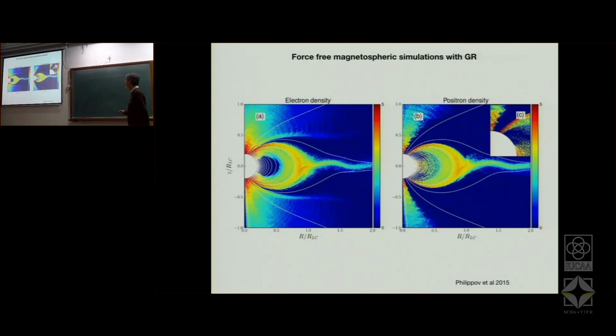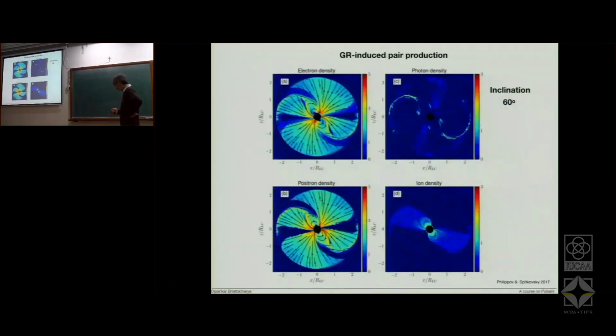And this is one of these calculations in Philippov 2015, where you can see the distribution of electrons and positrons under the assumptions that have gone into this paper on this particular calculation and where they are. And we have also seen this in the previous lectures.